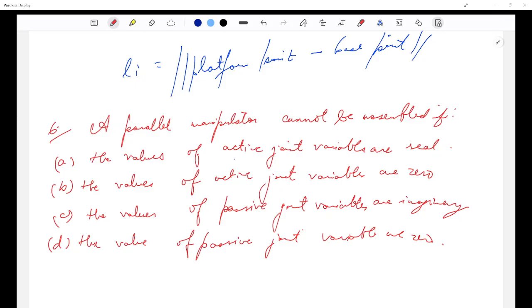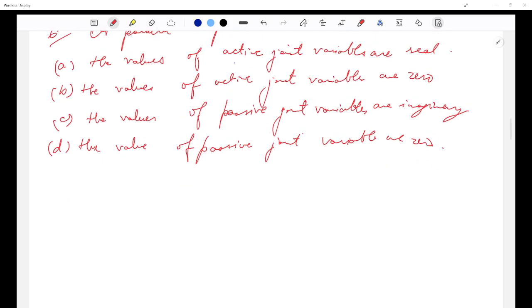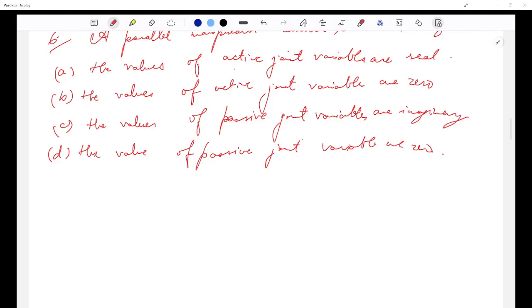Let's see that. So when can we assemble the parallel manipulator? When is that possible?